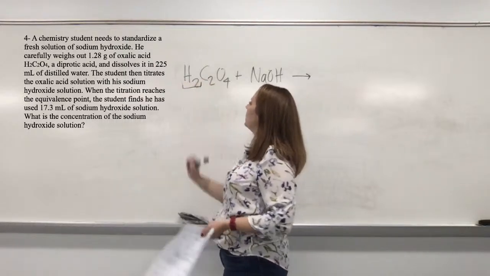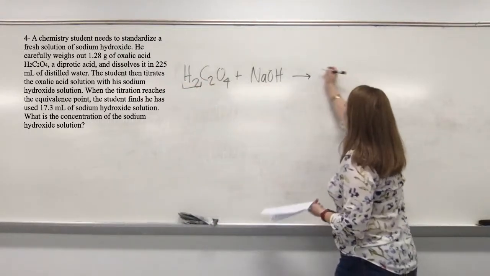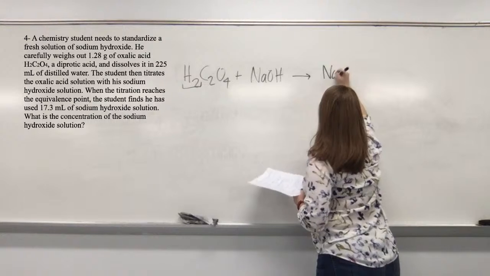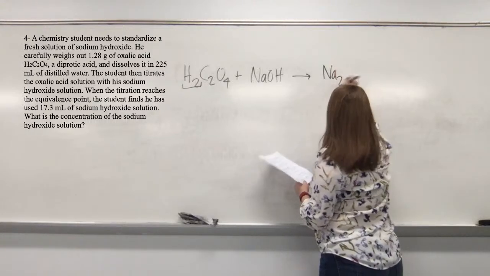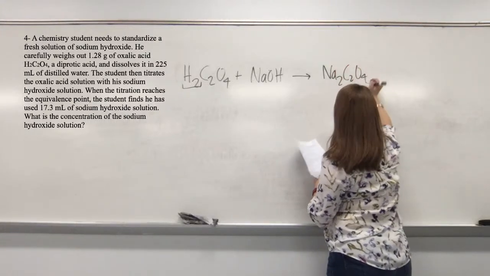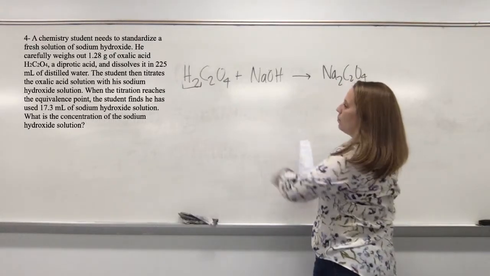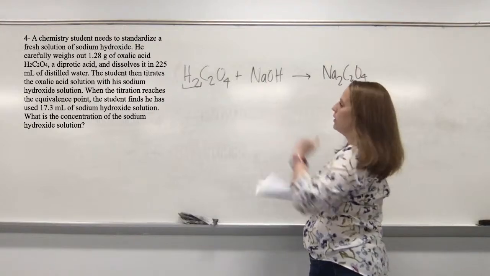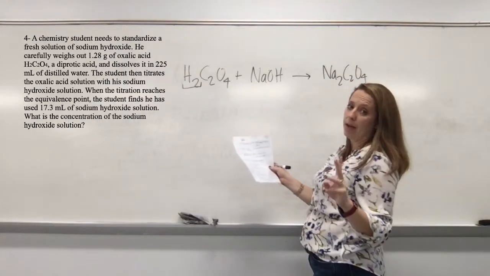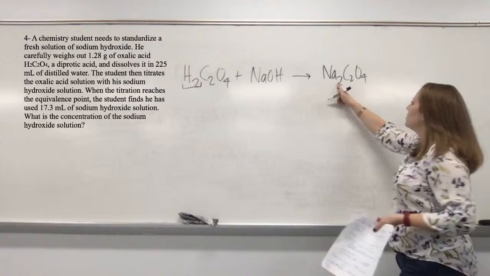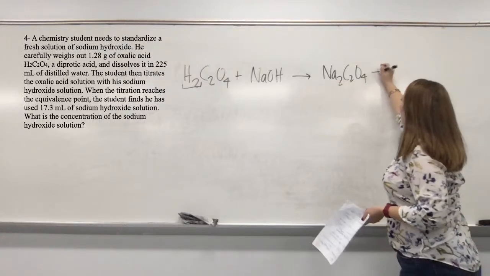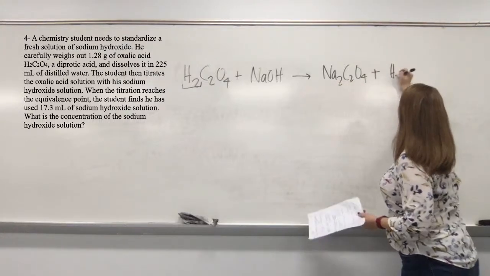It's going to, in fact, be these 2. So we're going to end up with Na2C2O4. If you lose 2 protons, it is basically +1, +1, so this C2O4 is a -2. So we have sodium oxalate plus H2O.